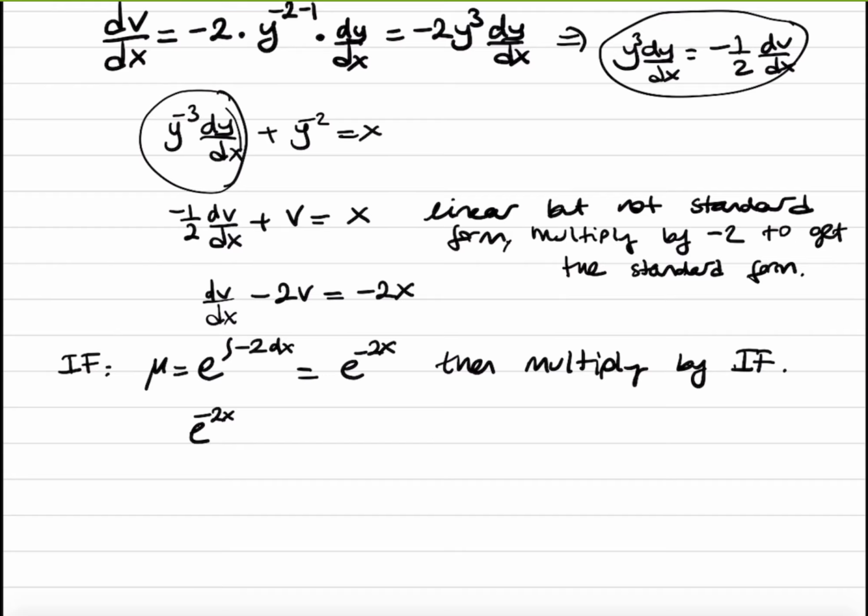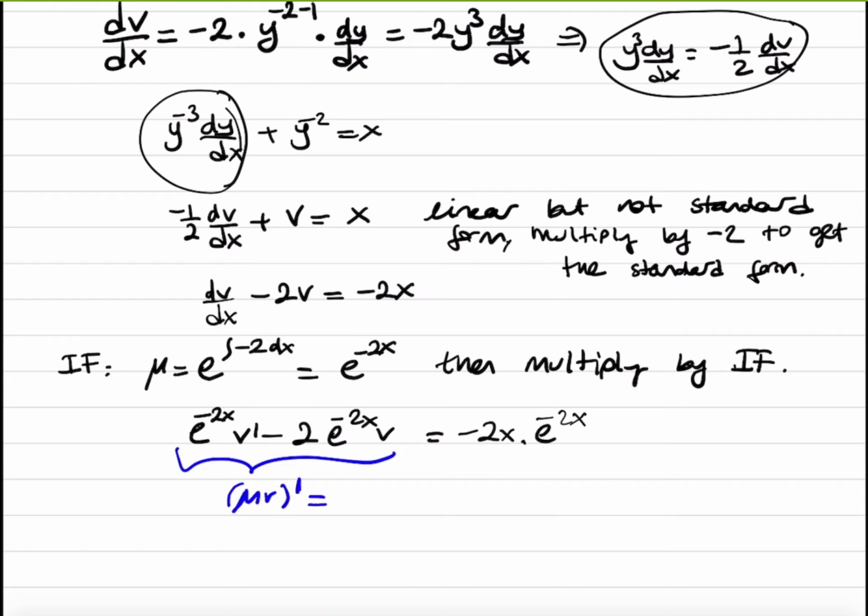Okay, let me write it short as v prime minus 2 e to the power minus 2x v is equal to, don't forget to multiply the other side. And we said we will always get here mu times v prime, right?